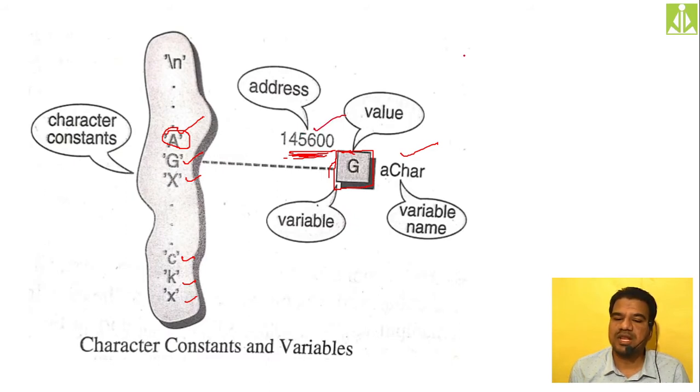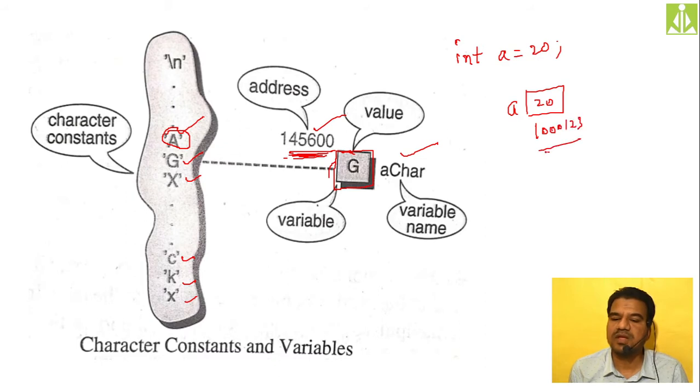Whenever I declare a variable, let us say int a of 20, this variable a will take some memory from the computer, where the 20 gets stored, and this memory location also has some unique address. So this is the value, this is the address, and this is the identifier.